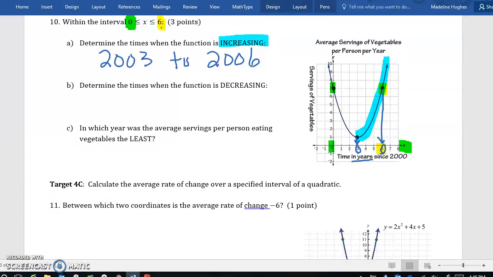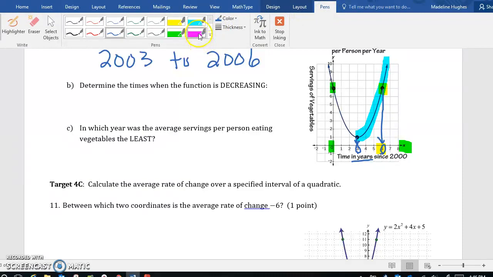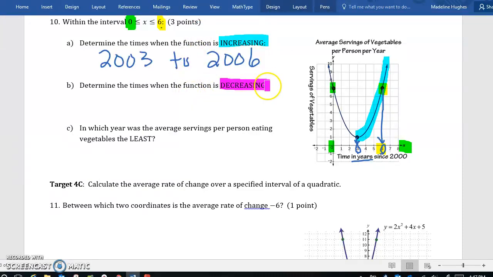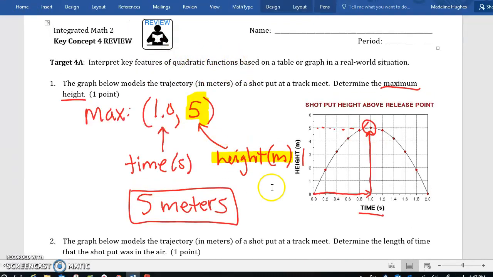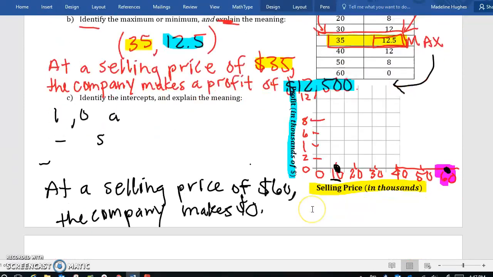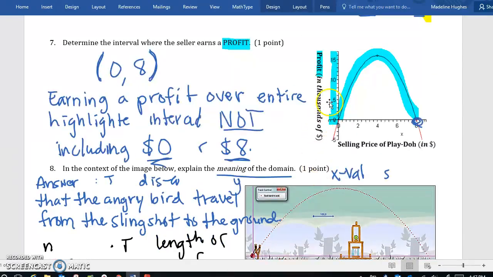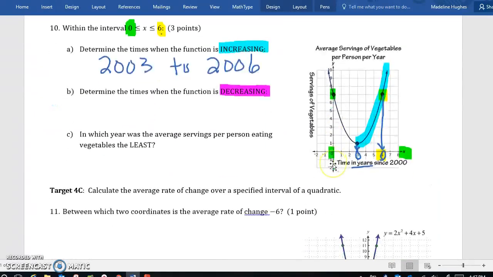And now B, determine when our function is decreasing. So I'm going to use pink for this one. I saw when I was traveling along this graph from left to right, I started to go down. So that is my decreasing, right? If I'm decreasing, we only care from this point, that 0, to here.